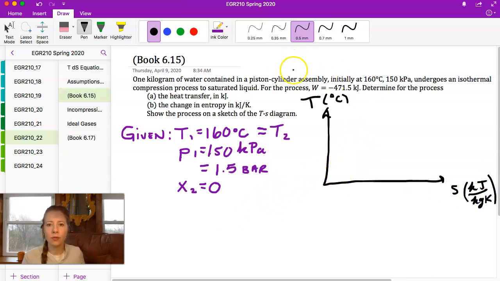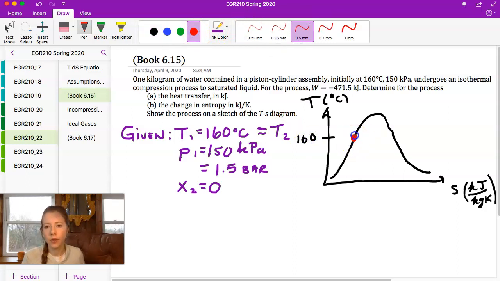And so we know that the vapor dome is going to be important. So I'm just going to draw that on. And it's easy enough to know where we end. So we're going to end at 160 degrees Celsius, right on the vapor dome for saturated liquid. So this is 2. This is where we end.